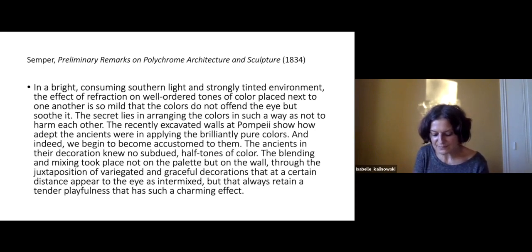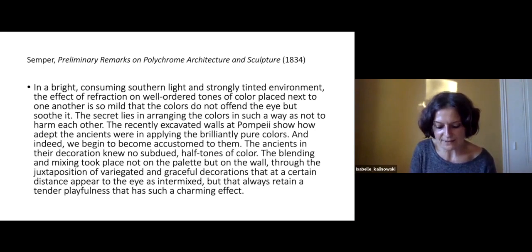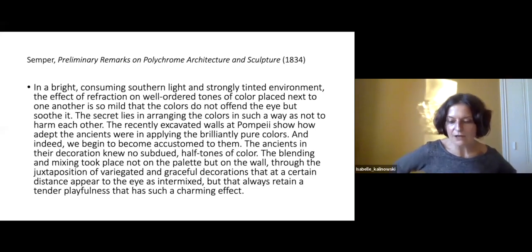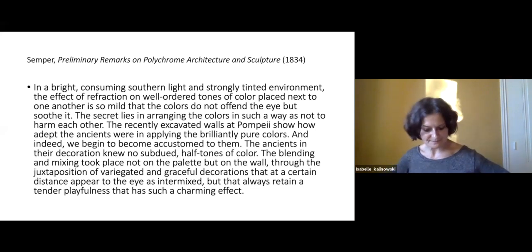Chevreul's ideas inspired Owen Jones in his project for the polychrome decor of the Crystal Palace in 1851, in which he implemented the system of juxtaposition of large colored surfaces.